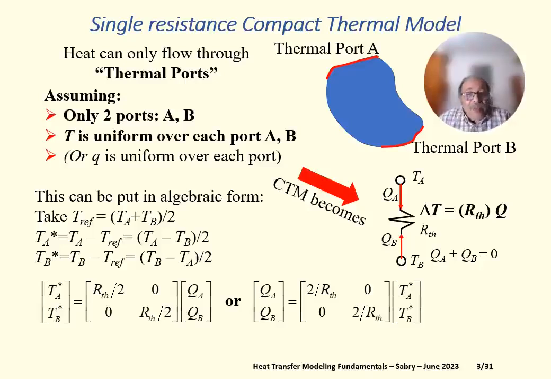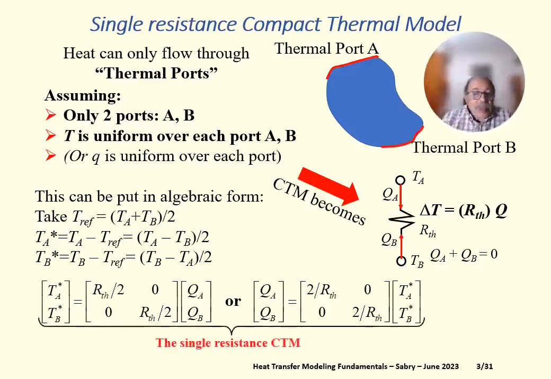When I do that, the single resistor equation can be cast in the matricial form, either with a vector on the left, TA star, TB star, and another vector on the right, QA, QB, related by the 2 by 2 resistance matrix, or I can put it in the inverse form, with QA and QB as a vector on the left, TA, TB as a vector on the right, and between them a 2 by 2 matrix of admittances. They are both equivalent, of course. It's just a useful way of presenting it.